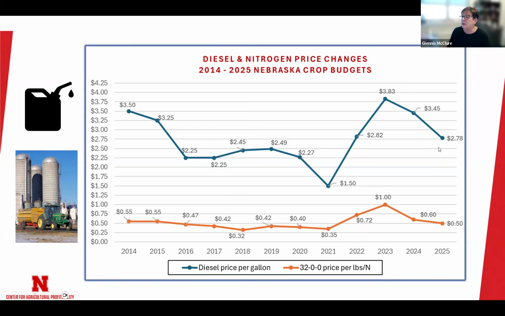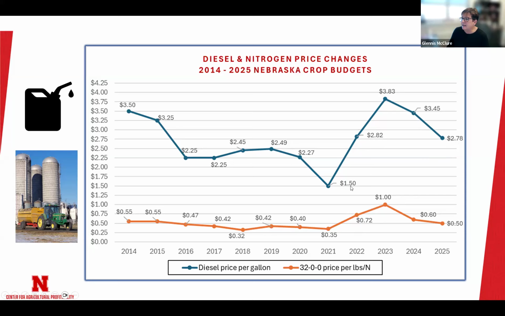Keep in mind that we start to do this research and look at those prices in the fall of the year, August, September, even into October, when we're checking those prices and deciding what we're going to use in our budgets. So basically we're back at that 2022 level with this diesel price. That's what we put into our budgets.